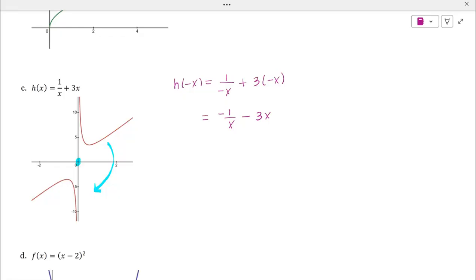I moved the negative sign up in that fraction, and then I multiplied -x times 3, combined those together. If I factor out a negative sign into the front like this, you can see that what I'm getting back here, this was the original function, h of x, and there is in fact a negative sign in front. So this function is odd.